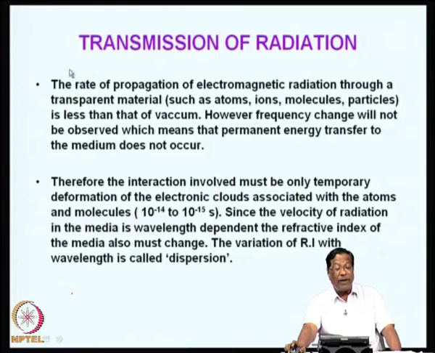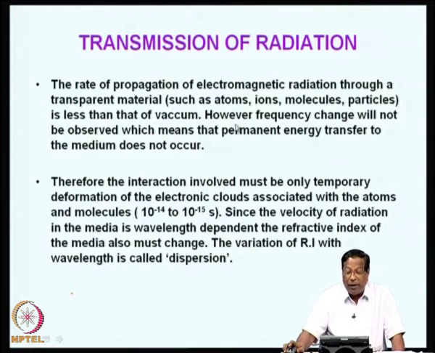Before that, let us understand that the rate of propagation of electromagnetic radiation through a transparent material such as atoms, ions, molecules and particles is less than that in a vacuum. However, frequency change will not be observed in the vacuum or elsewhere, which means that permanent energy transfer to the medium does not occur.